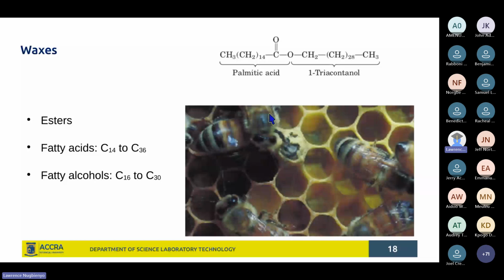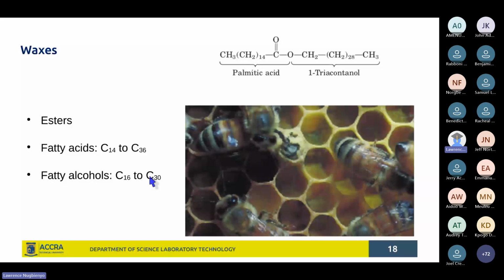So let's say, for instance, we take a fatty acid that contains 14 carbons, and a fatty alcohol that contains 20 carbons, and compare that to a wax that contains a fatty acid of, say, 30 carbons and a fatty alcohol that contains also 30 carbons.